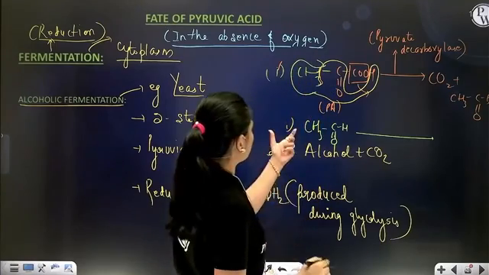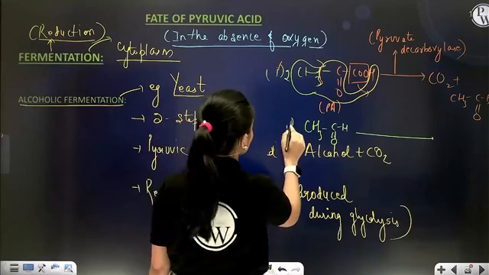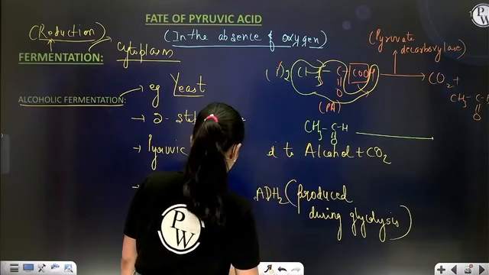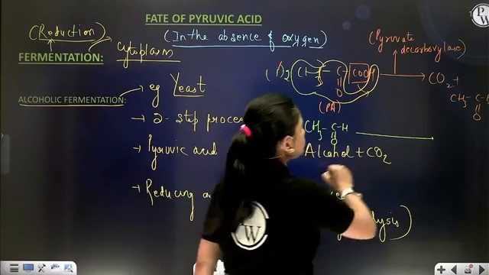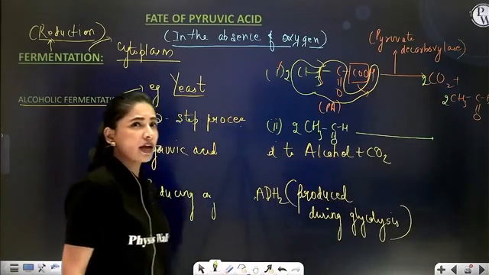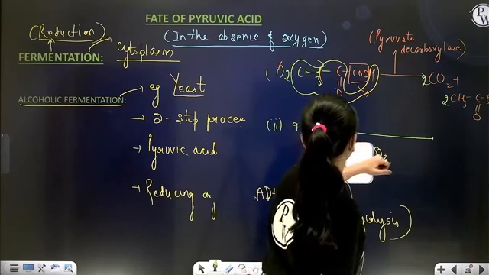Now, two molecules of CH3CHO are there. So here also you will write the second step: two molecules of acetaldehyde, two molecules of CO2. Right? Now what will happen?